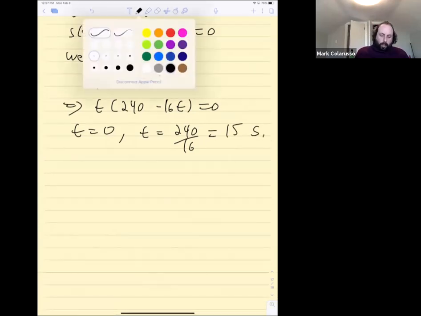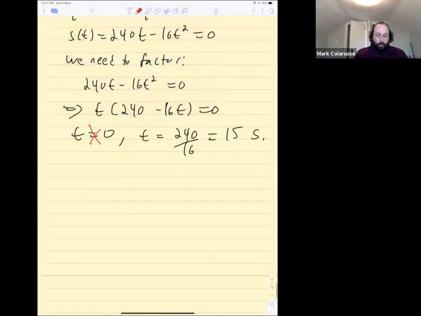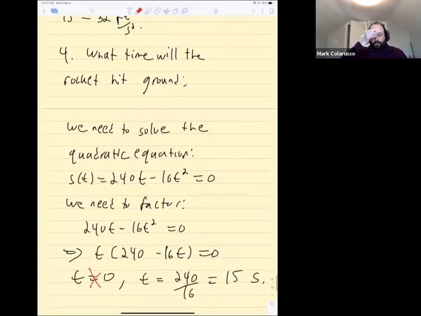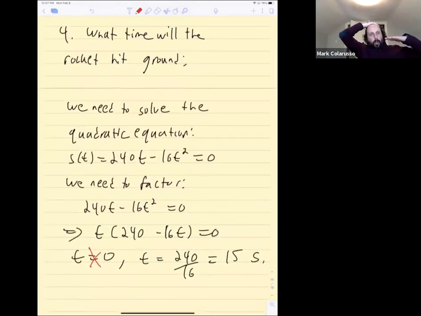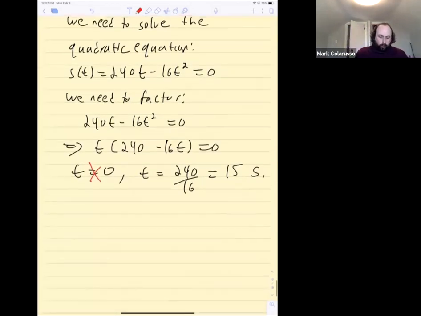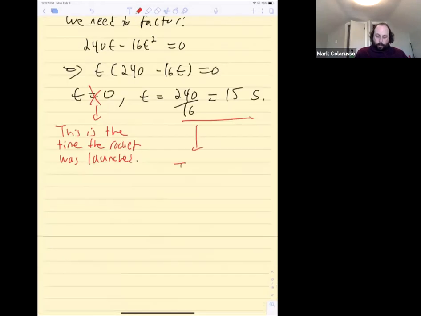So this we kind of ignore, because t equals 0 is when the rocket started launching. So this is when the rocket was launched, and we're interested in when it comes back, and that's this one. The bigger number is when it falls back to Earth.